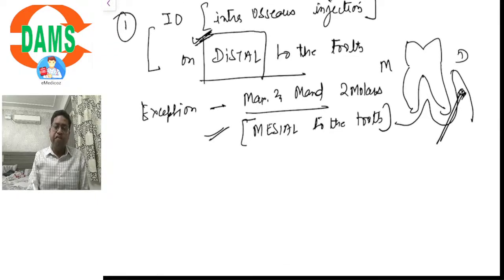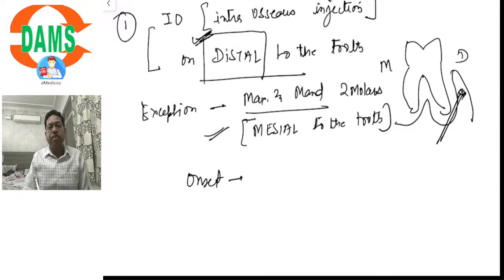Whenever this is given as a supplemental injection, remember it is not a primary injection. To increase the success of pulpal anesthesia, it has to be a secondary, supplemental injection. The onset of pulpal anesthesia is immediate.